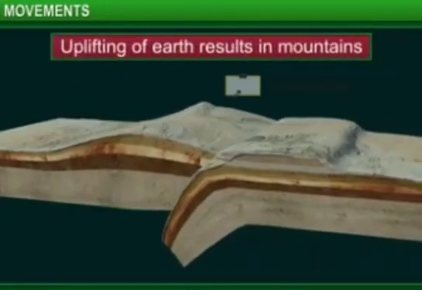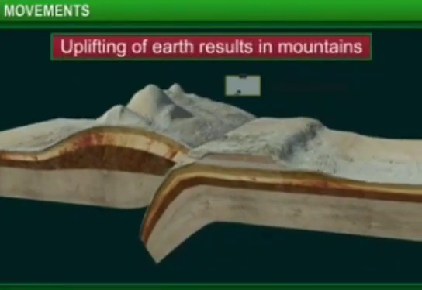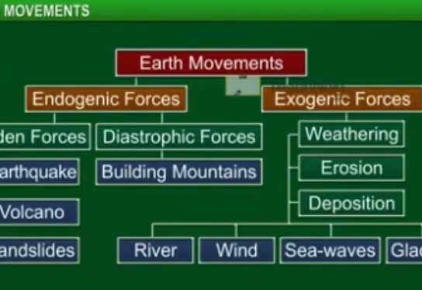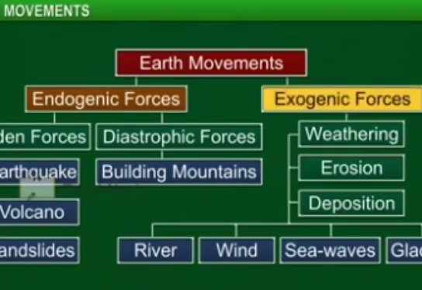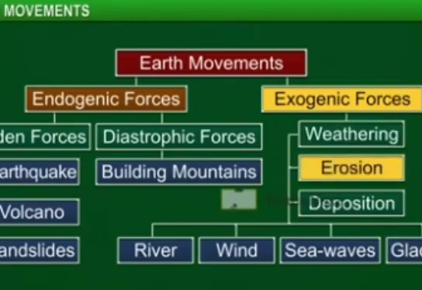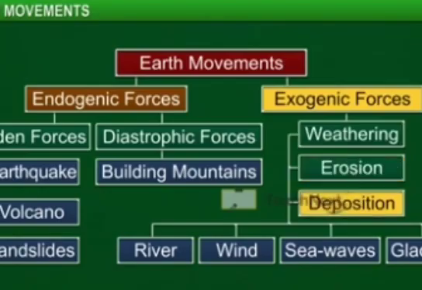When the Earth is lifted up, mountains are formed. As mentioned earlier, apart from endogenic forces, there are exogenic forces that act on the Earth's surface. Exogenic forces can take the form of weathering, erosion, and deposition.